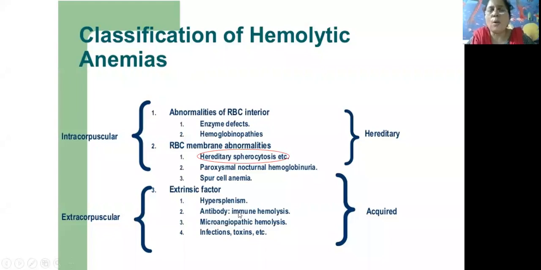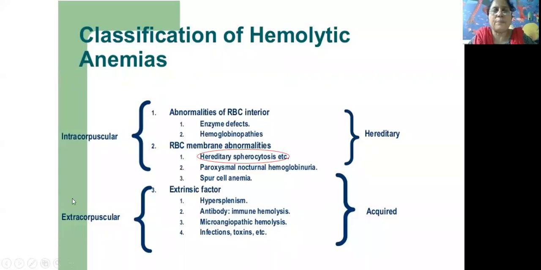There is some problem with the blood vessel. Angio, blood vessel; micro, small. Small thrombi are formed within the blood vessel, and when the RBC passes through them, it causes destruction. Next is infections and toxins like malaria, clostridium, etc. These are extrinsic factors.